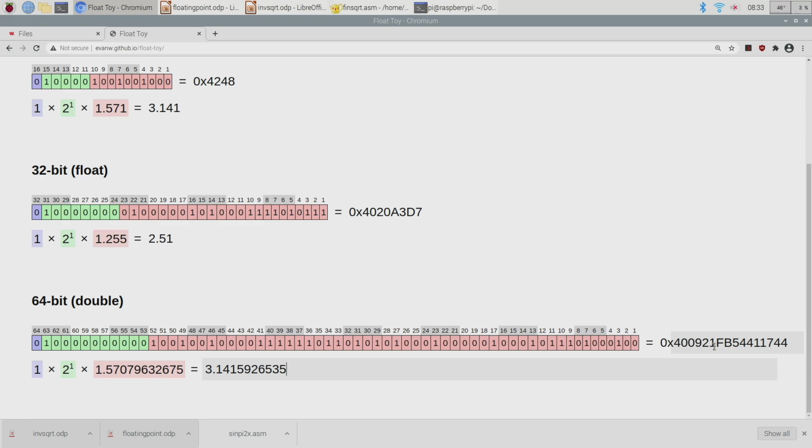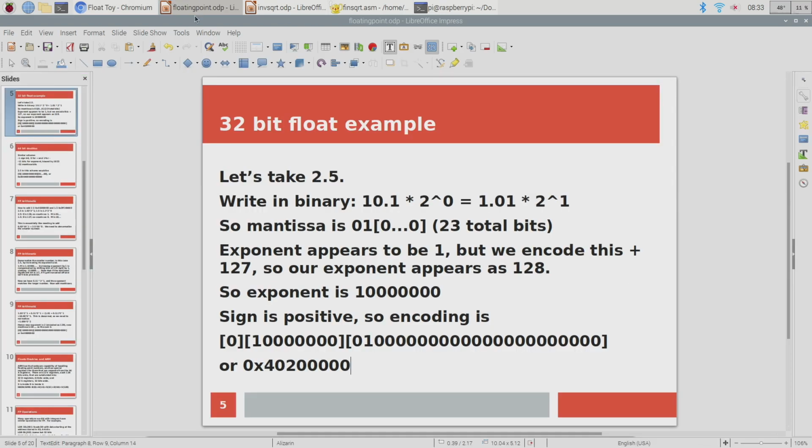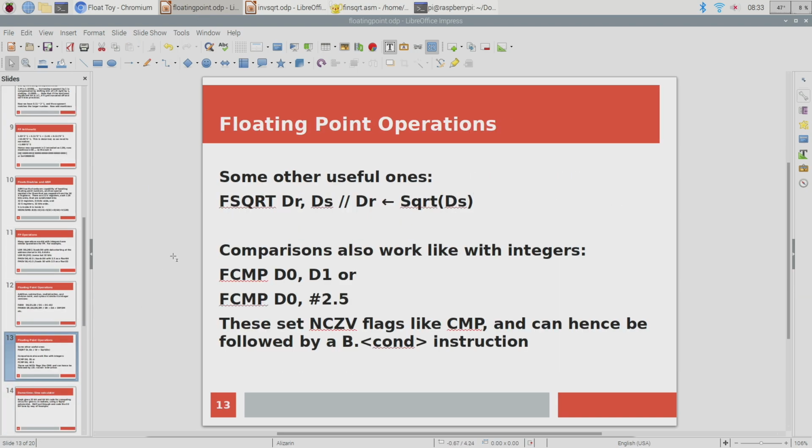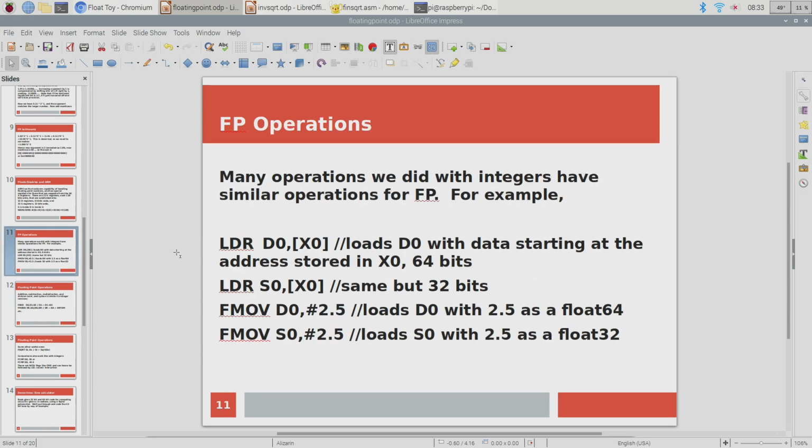All right. So back to, let's go back and start looking at the operations that we have. We just talked about this, right?